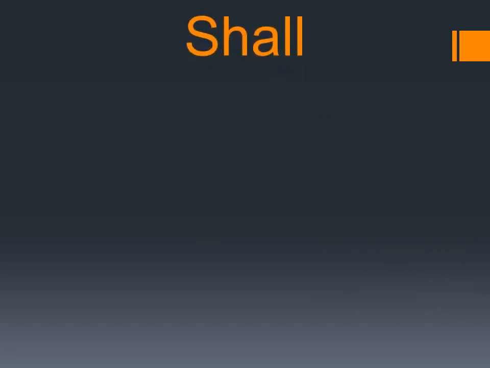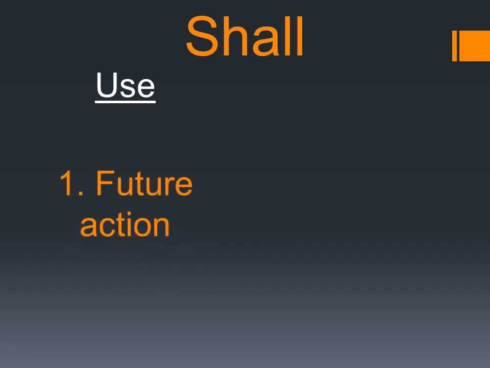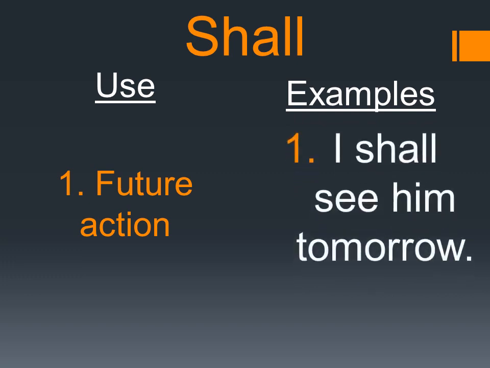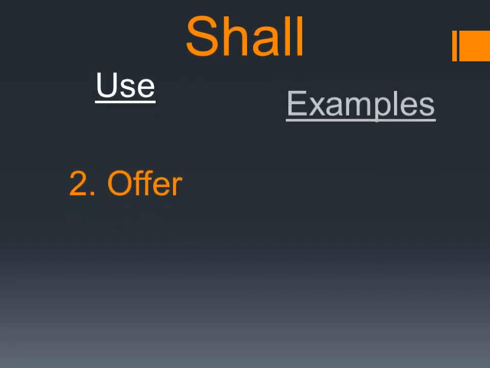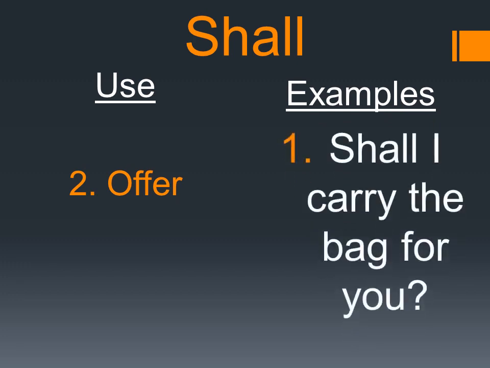Next is shall. Shall is also used in the future tense. First use is future action. For example, I shall see him tomorrow. Next use is offer. For example, shall I carry the bag for you?